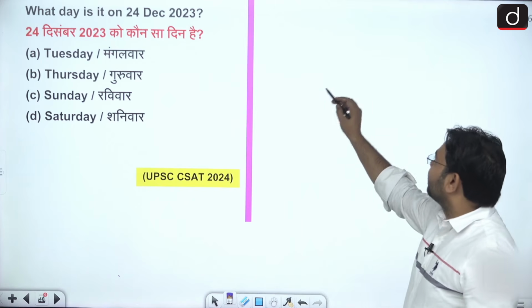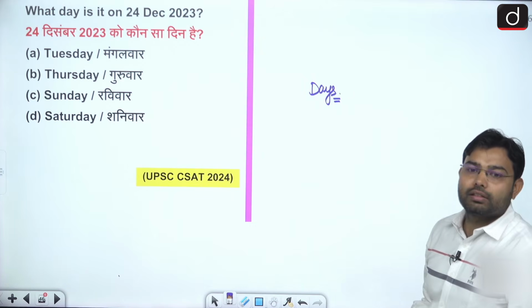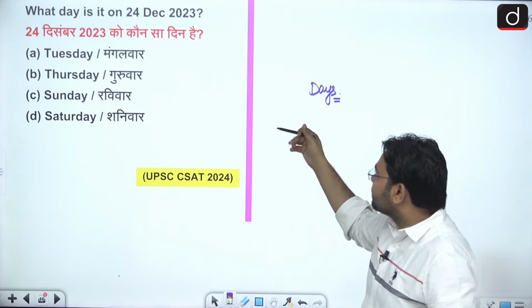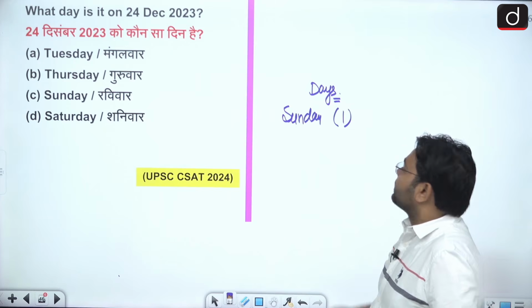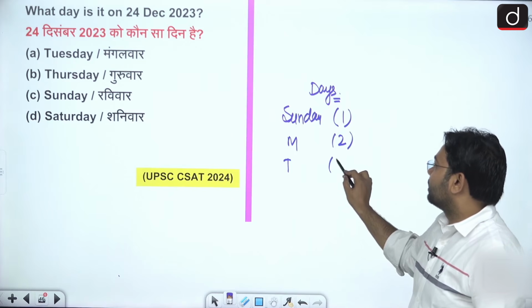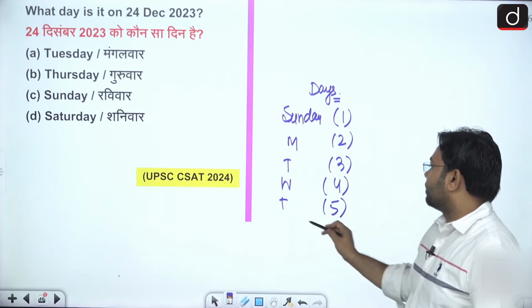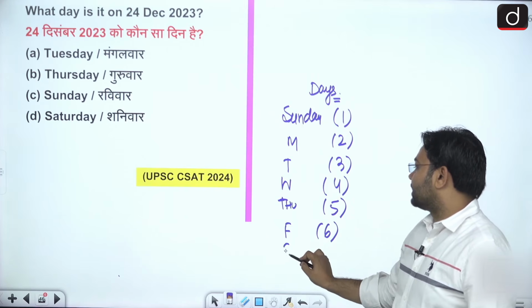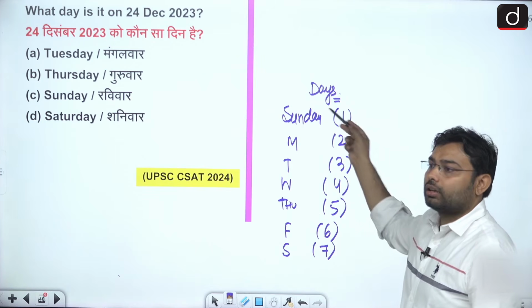First, I am repeating the code for days. You have 7 days. Sunday is the first day, so the code for Sunday is 1. Then Monday 2, Tuesday, Wednesday, Thursday, then Friday, Saturday, and Sunday again.